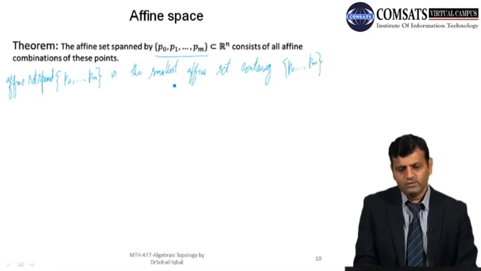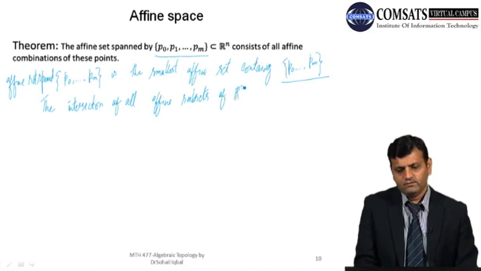Okay, so this is the smallest affine set containing these points, or in other words we can say that it is the intersection of all affine subsets of Rn containing P naught up to Pm.